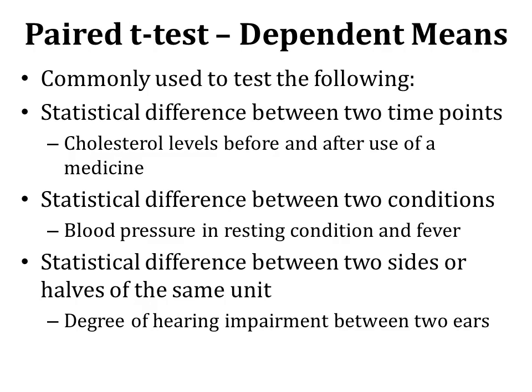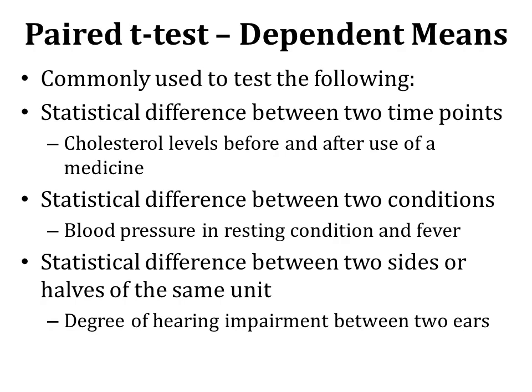In this case, we are not taking the observations under 2 different conditions, nor at 2 different time points. Rather, we are taking the observations at the same point, but from 2 halves of the same individual.